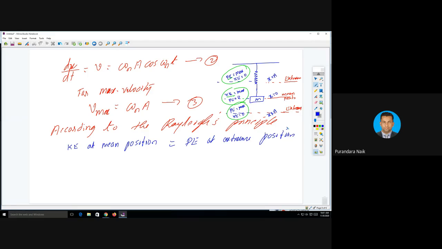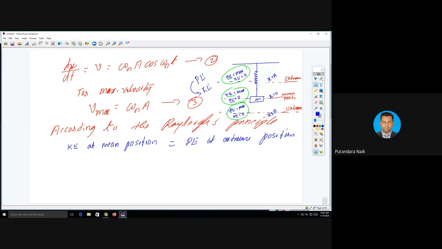Energy can be converted from one form to another form. That is the law of conservation of energy. According to the figure, kinetic energy will be maximum at the mean position and potential energy will be maximum at the extreme position. So energy is transformed from kinetic to potential to kinetic, but it cannot be destroyed or created. At the mean position, potential energy is 0 and that energy is converted to kinetic energy.